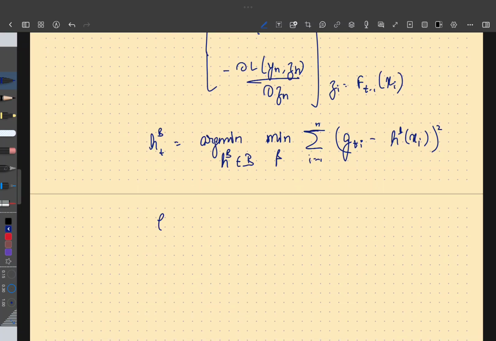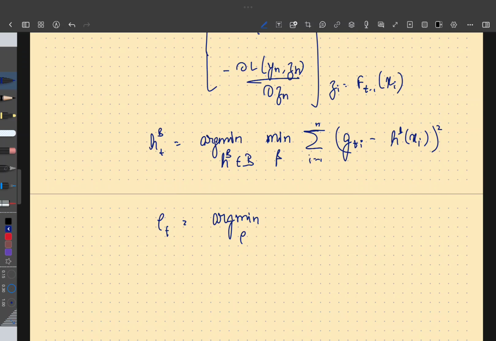And once you get this, you define rho t. Now this h t b essentially defines the direction. The direction is taken to closely approximate the gradient, but once you pick this direction, you decide how much to travel along it.